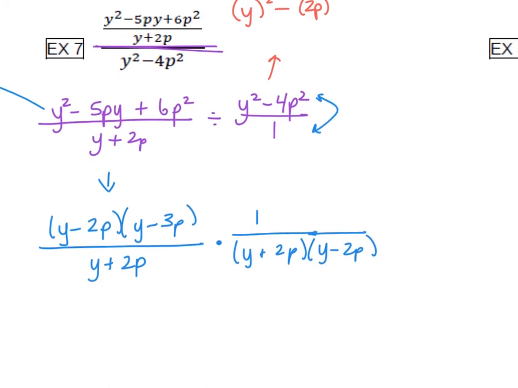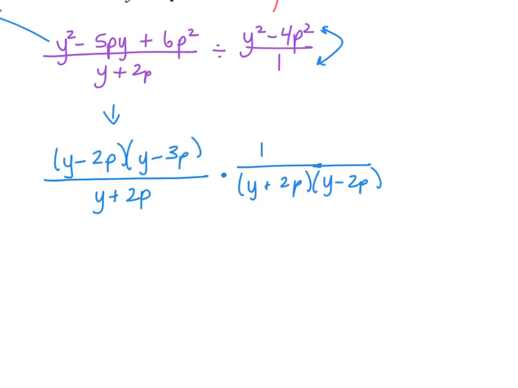All right, so everything is factored, and it's multiplication. So if you remember, I just like to make this one big multiplication. I'm going to put parentheses around this y plus 2p because that gets multiplied by the other ones. And we are just looking for anything on the top that might cancel with anything on the bottom. So I can see we have a y minus 2p and a y minus 2p.